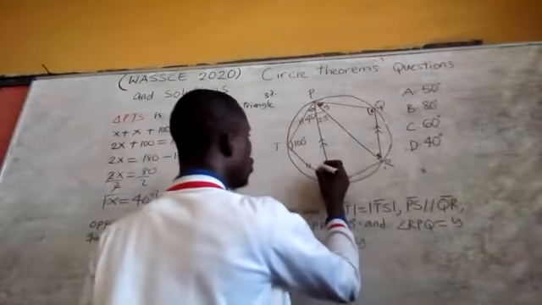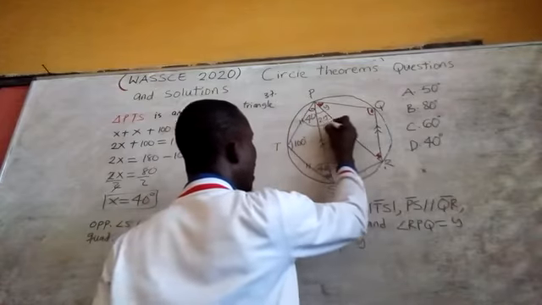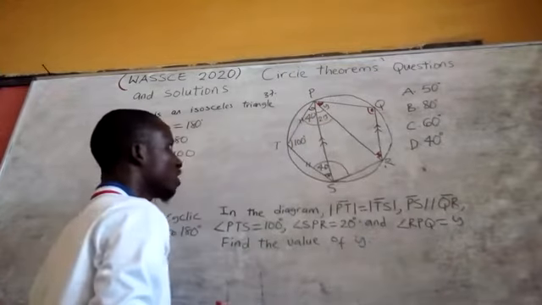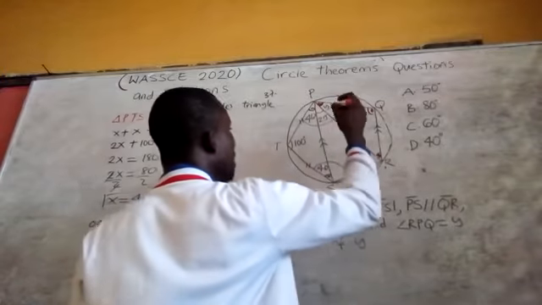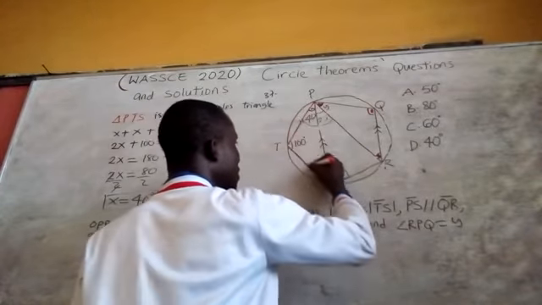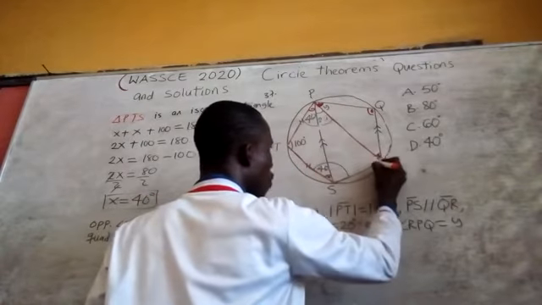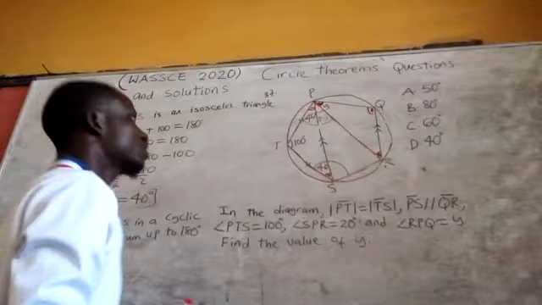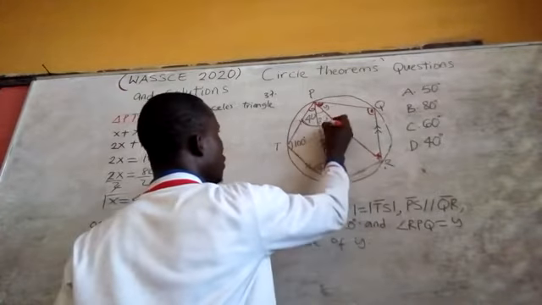So we know that this angle here plus this angle here should be equal to 180 degrees from quadrilateral PRST. Considering this as our cyclic quadrilateral, the opposite angles here sum up to 180 degrees.